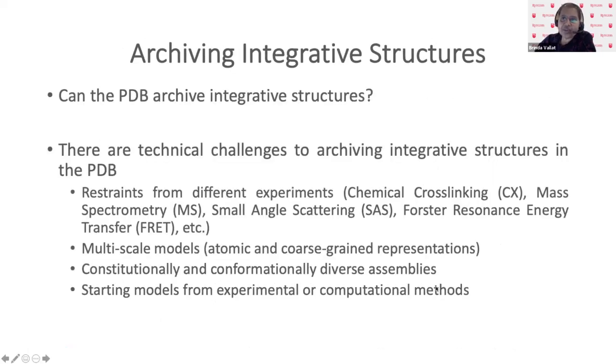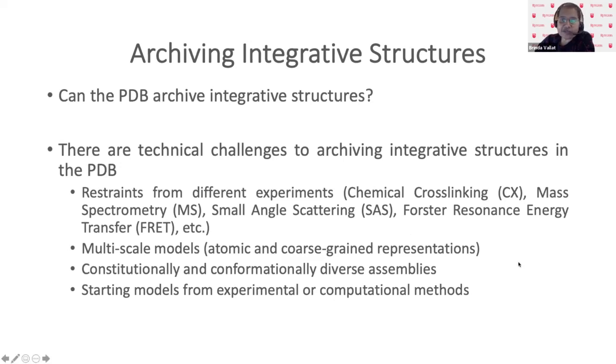So the next question is, can the PDB archive integrative structures? There are some technical challenges to archiving integrative structures in the PDB at present. These challenges arise due to the following factors. Integrative modeling involves restraints from multiple experimental methods such as chemical cross-linking, small angle scattering, FRET, EPR, etc. Integrative models can be multi-scale, which means that they are not necessarily atomic and can consist of both atomic and coarse-grained representations.